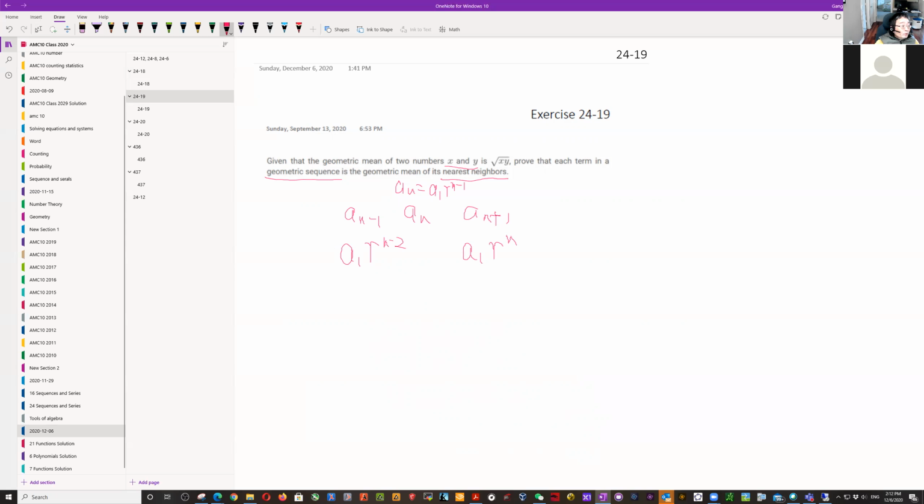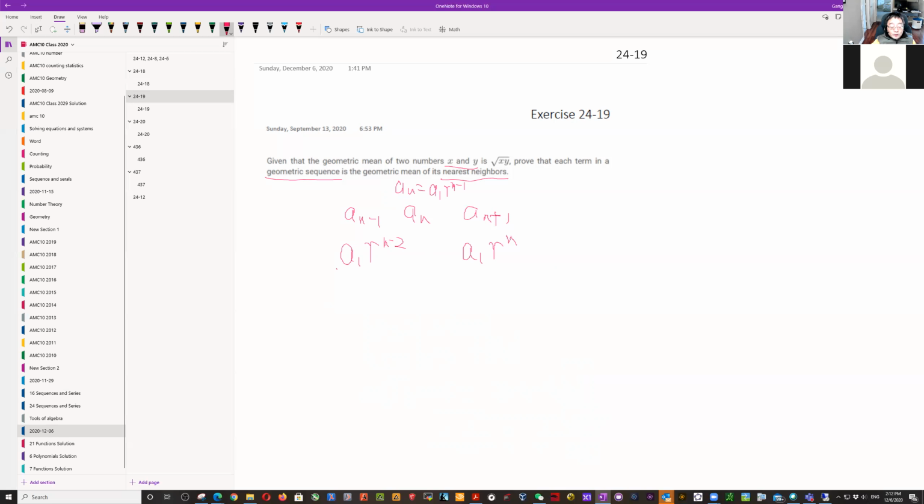Does this make sense to you? A lot of this is just algebra, really just replacing the number and the position, and you will get it. So basically, what we need to prove is that it's the geometric mean of its nearest neighbors.